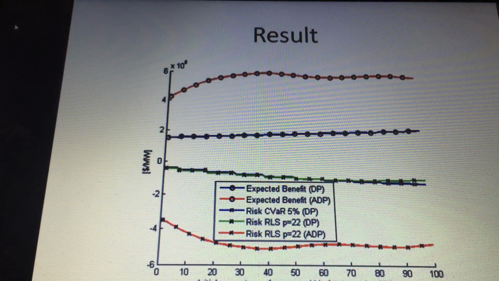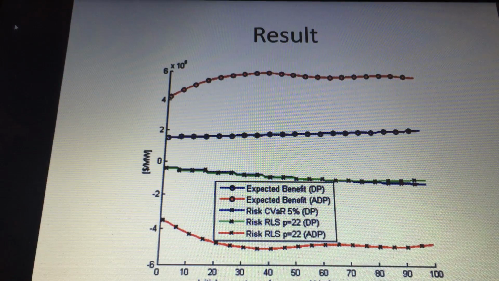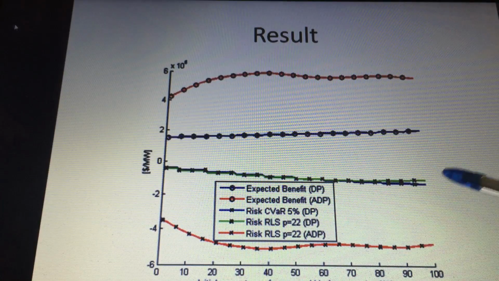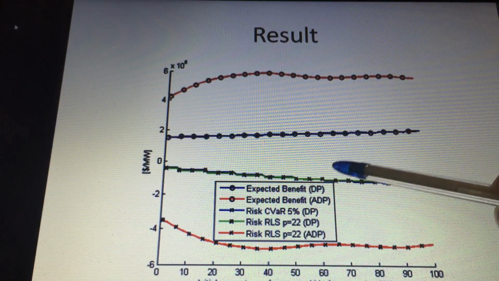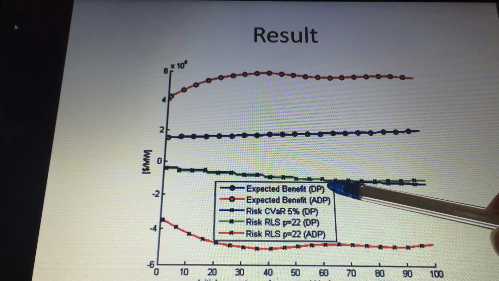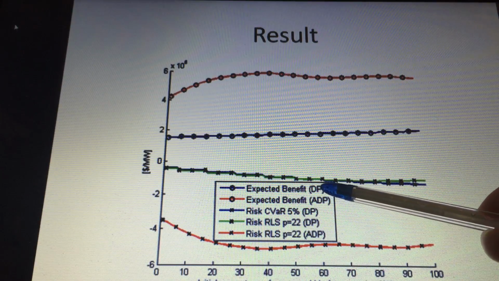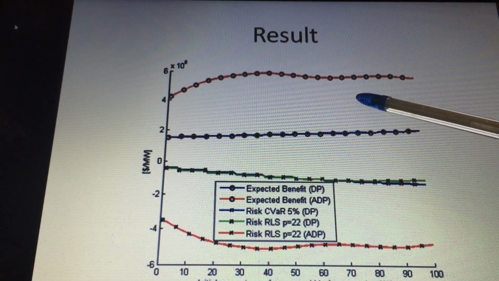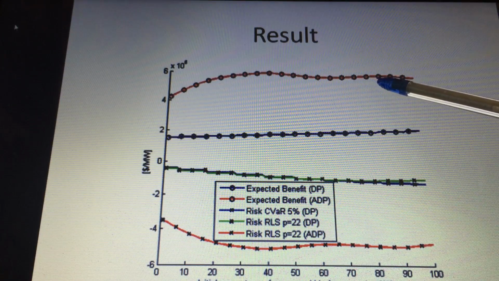Okay, with the help of MATLAB functions, we have the result like this one, where the blue line is the expected benefit by DP, or dynamic programming, and the top line is the benefit for approximate dynamic programming.